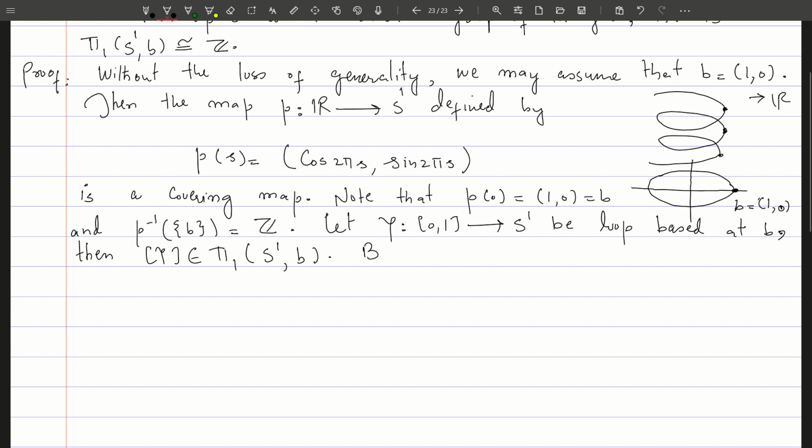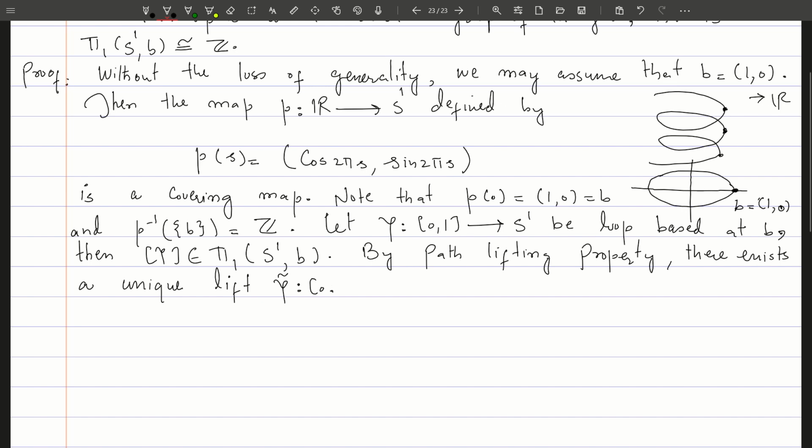So by path lifting property, there exists a unique lift, say gamma tilde, which will be a path from [0, 1] to the real line.